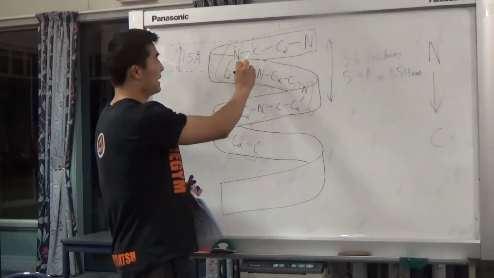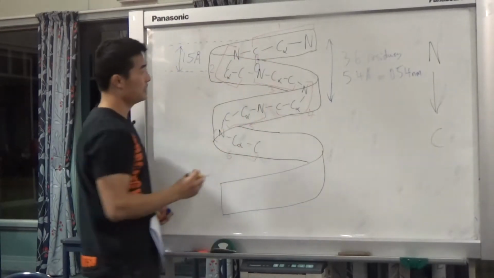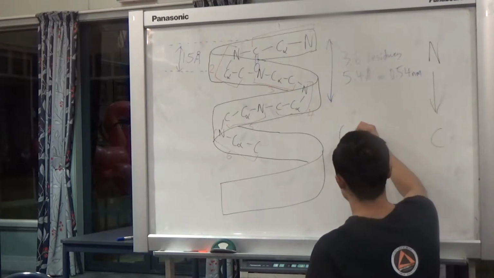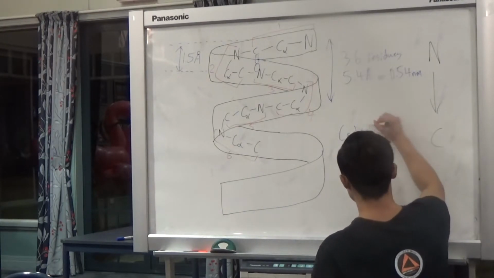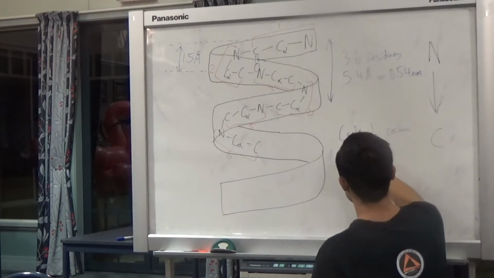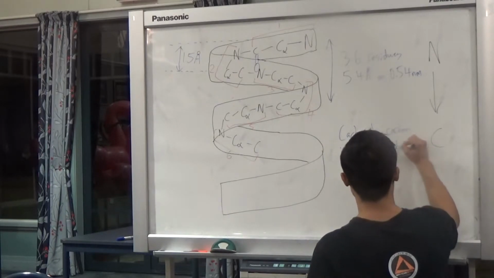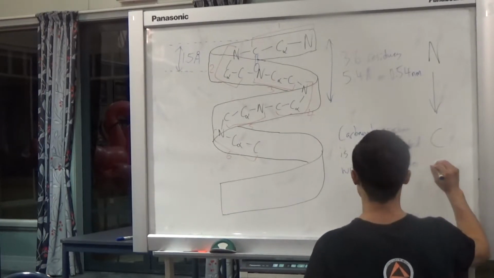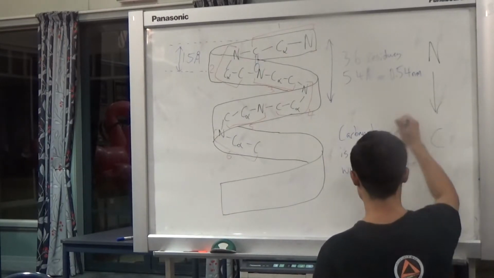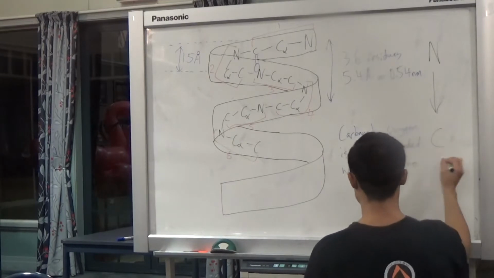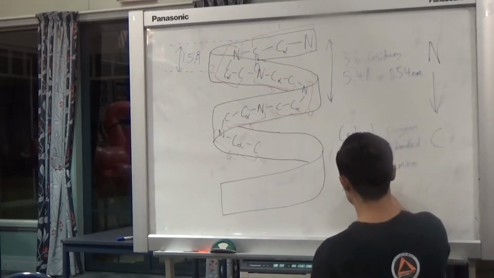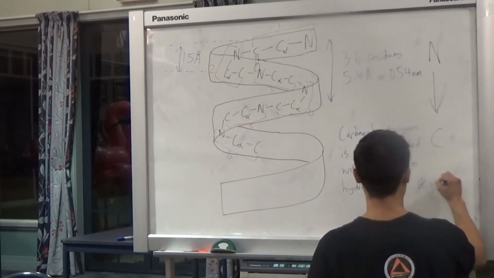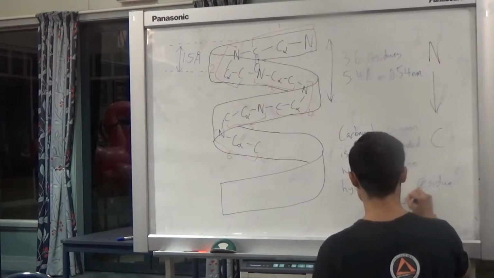Okay, so this carboxyl carbon here will have an oxygen that's pointing downwards, and then it's going to be bonded with, so this one's important, the carboxyl oxygen is hydrogen bonded with the amino hydrogen of residue N+4.